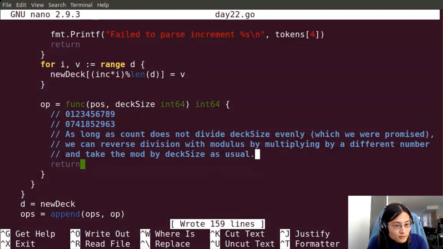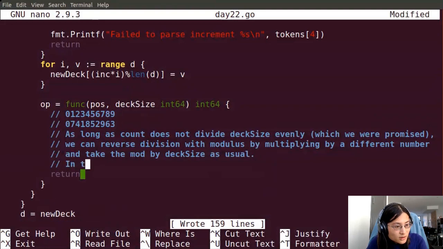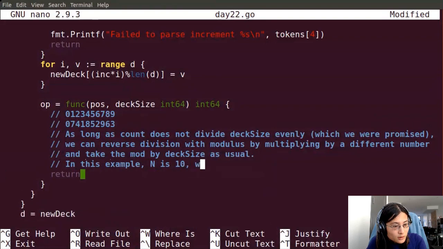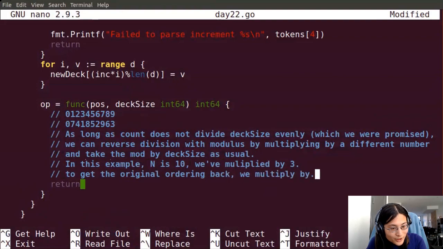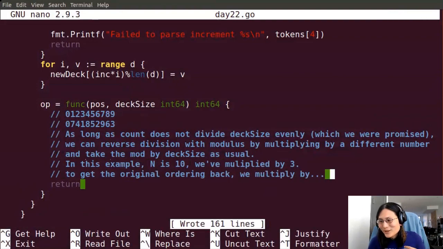Okay. So in this example, the modulus is 10. We've multiplied by 3 to get the original ordering back. They're only literally like, not one. So I literally have 8 choices. So let's see.